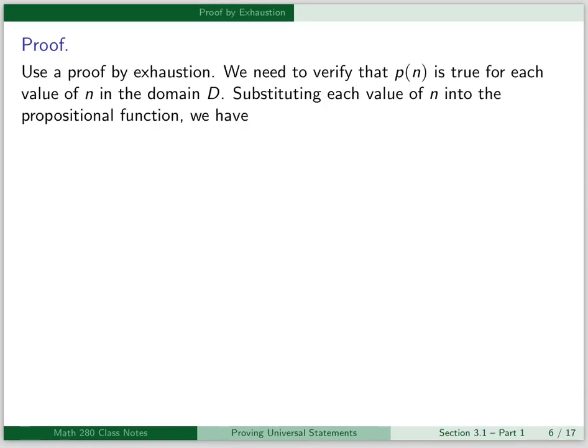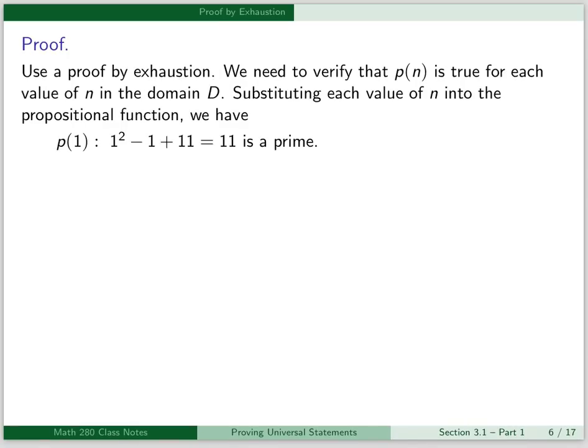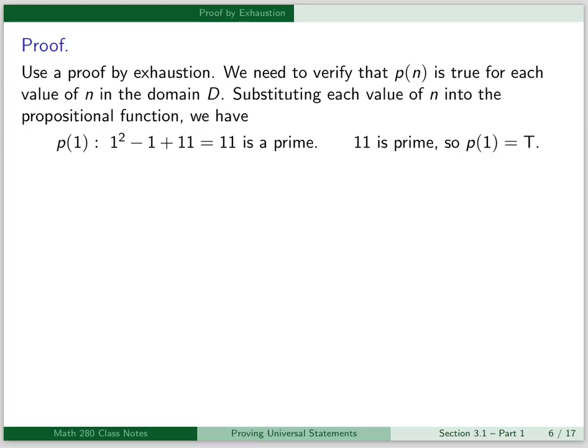Substituting each value of n into the propositional function, we have P of 1 will be 1 squared minus 1 plus 11, which is equal to 11, is a prime. 11 is prime, so we can conclude that P of 1 is true.